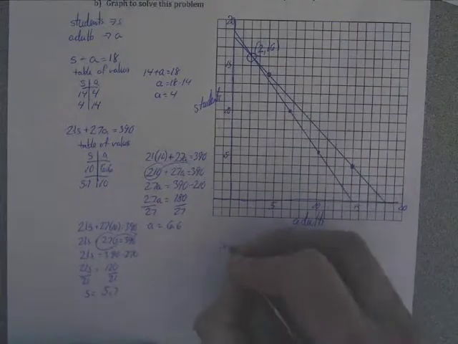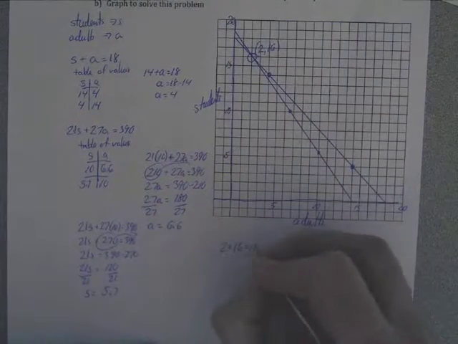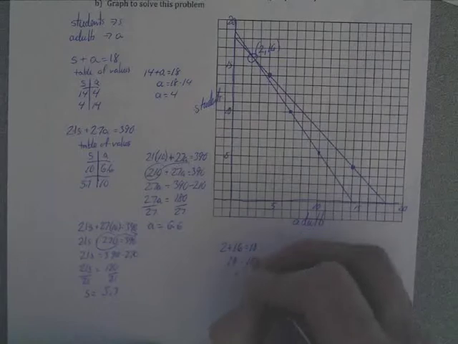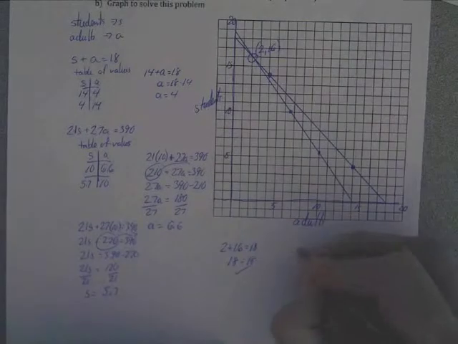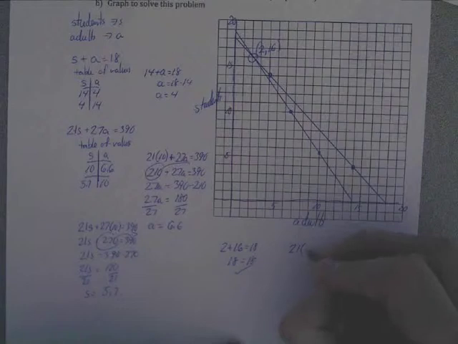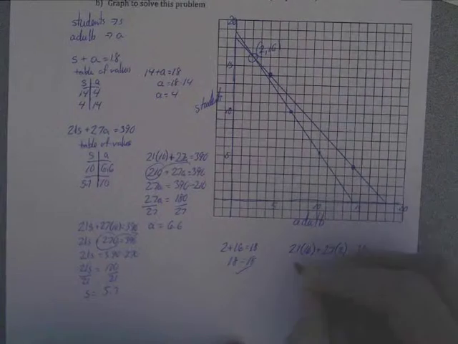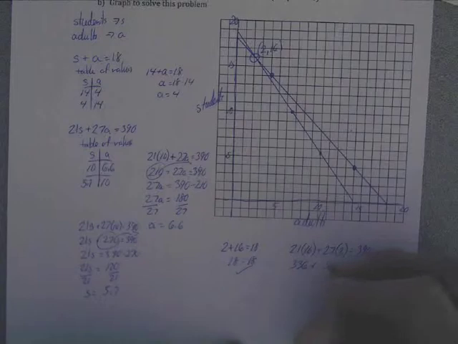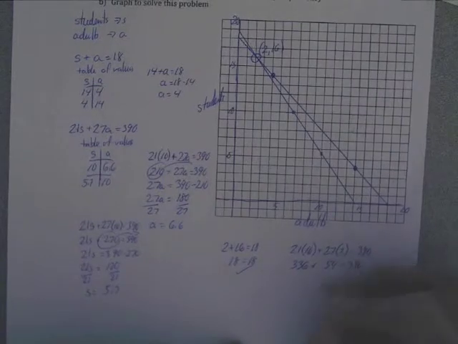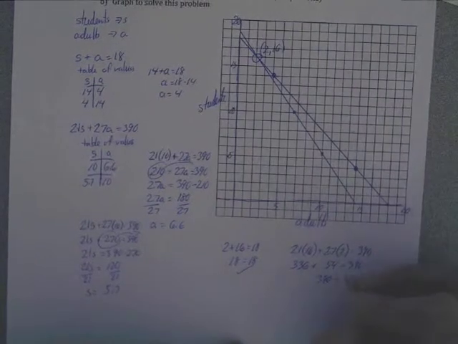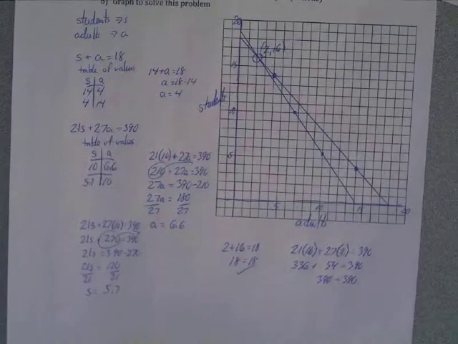Plug it in, so 2 plus 16 equals 18. 18 is equal to 18, it works. And then the other one will be 21 times 16 plus 27 times 2 equals 390. 336 plus 54 equals 390. 390 equals 390. So it's solved.